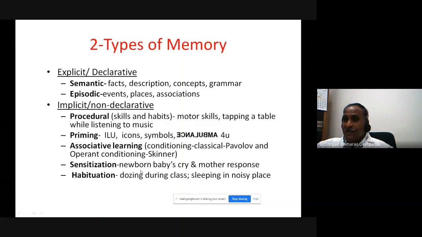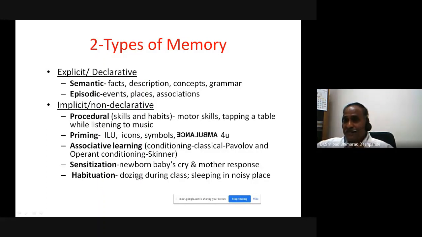What happens whenever we are taking the class? During the class, you just doze. You will be in an entirely different world, maybe with NREM or REM sleep. So that dozing is a sort of habituation. Habituation here means desensitization.